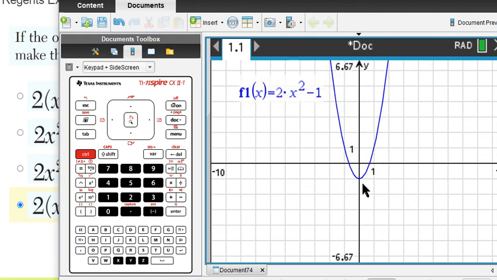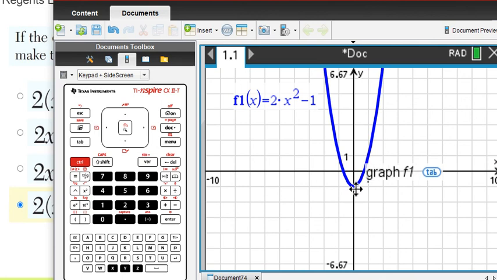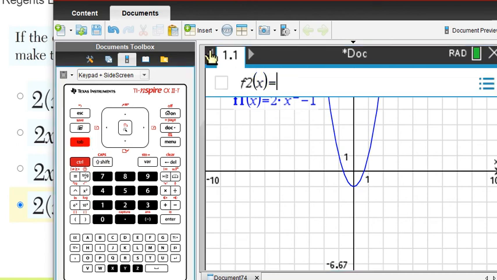So I know that if I look at the vertex, I want to move that vertex to the left 3 units. So this needs to go from here, 1, 2, 3 to here. And that's going to move every point on that function 3 units to the left. We already determined what the answer was.